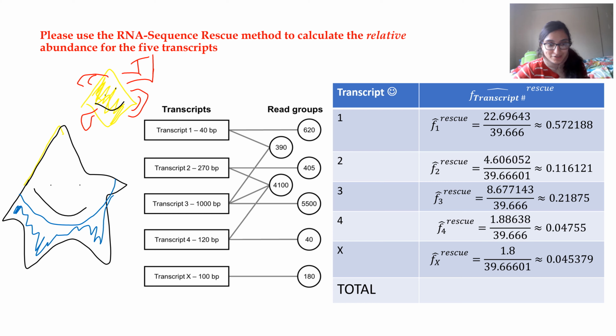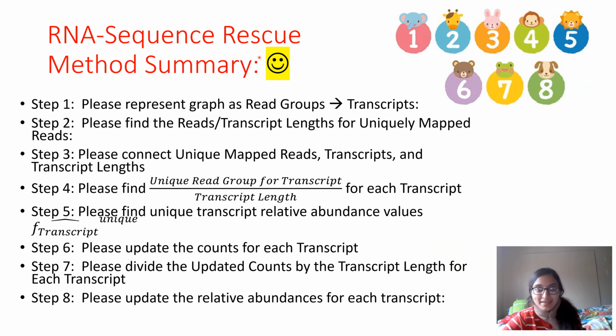So this is how you can go from transcripts and read groups, figure out how they're shared, and then come up with the relative abundances, which would be very helpful. So this is the first part, and just to summarize, this is how we can go about it. First, represent the graph as read groups to transcripts. Then find the reads and transcript lengths for uniquely mapped reads. Connect unique mapped reads, transcripts, and transcript lengths together.